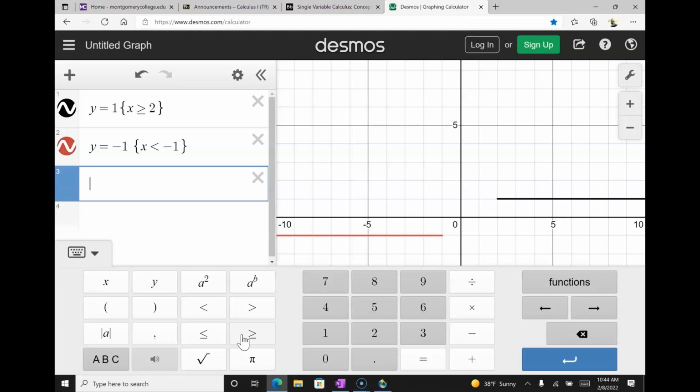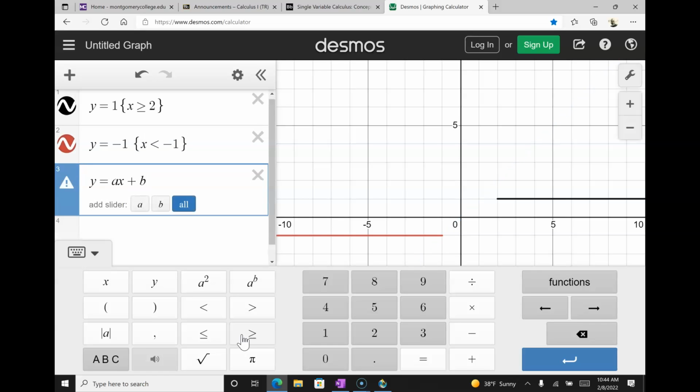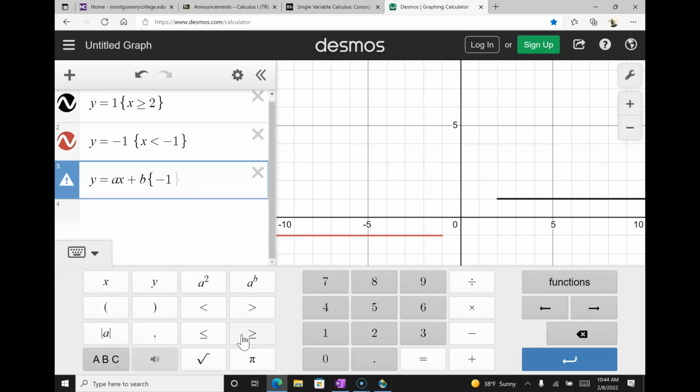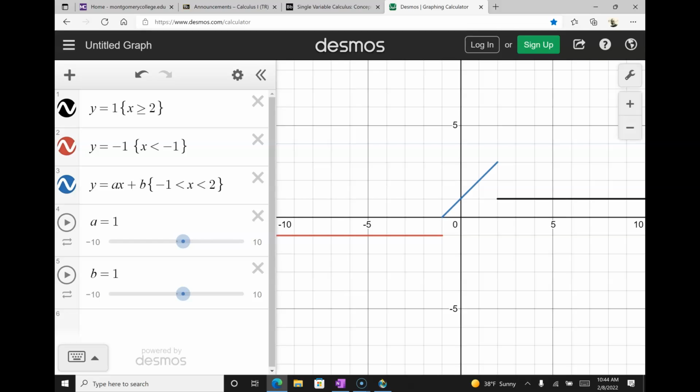And then what did I get from my slider? I can just put in y is equal to ax plus b between -1 and 2. Right?